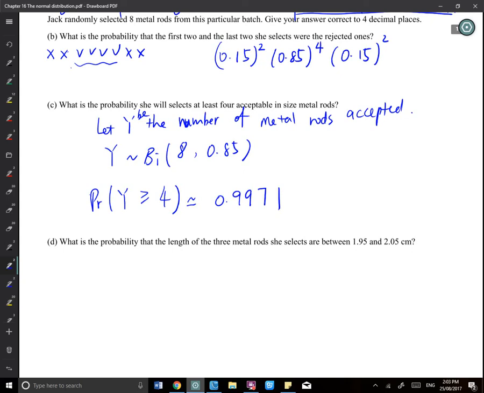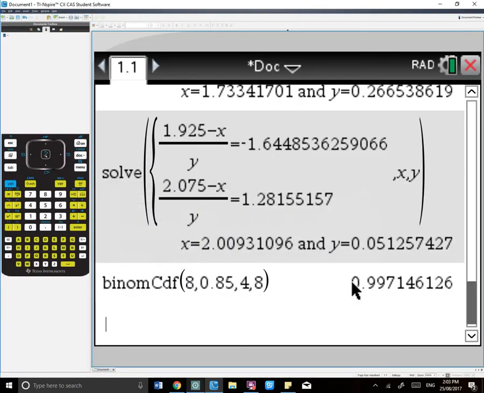Menu 5 5 E, binomial CDF, because it's a range of values 4, 5, 6, 7, 8, not only 4.